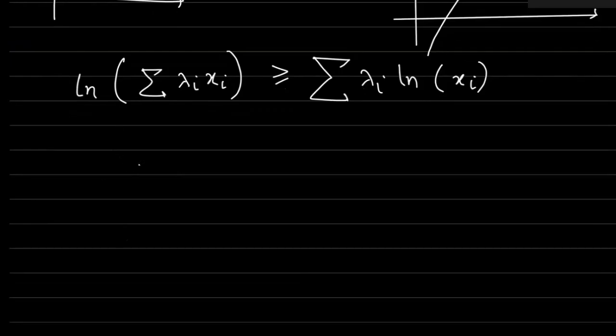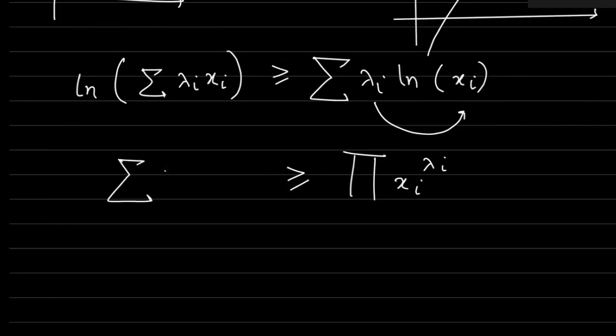This I'm writing as, this lambda you can take it inside. It will be xi to the power lambda i. And this big pi means multiplication. Okay. And this thing is smaller than summation of lambda i xi. Do not forget that summation of all lambda i goes to 1.